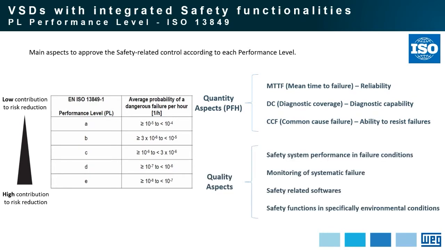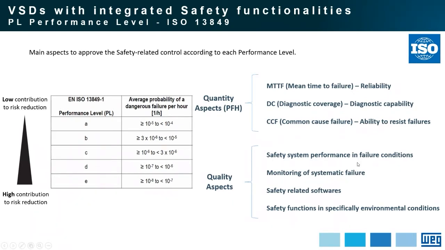Looking at other aspects, the ISO standard also defines that the machine must be evaluated according to the quality aspects. And so with the quality aspects, safety system performance in failure conditions will be evaluated as well.